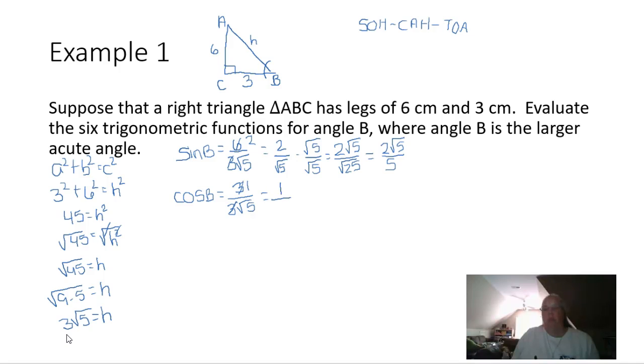This reduces to 1 over the square root of 5. But we don't want a radical in the denominator, so we'll multiply by the square root of 5 over the square root of 5. This gives me the square root of 5 over the square root of 25. And I know the square root of 25 is 5. So we have the square root of 5 over 5. And you can't cancel these because this one is underneath the radical sign and that one is not.